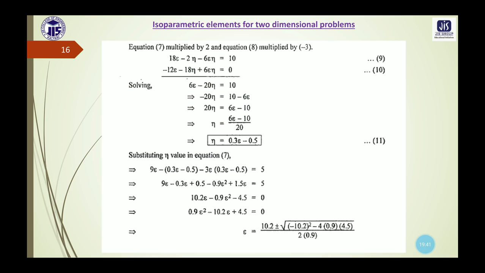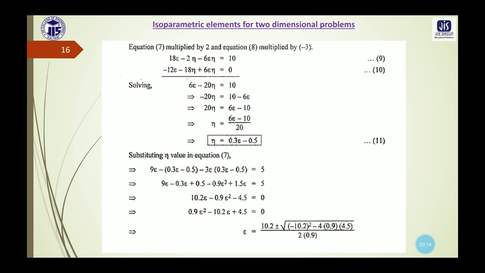So how to calculate that? Here we have multiplied equation number 7 by 2 and equation number 8 by minus 3, so that we get equations number 9 and 10. From these two equations we can easily calculate eta in terms of epsilon, which we get as equation number 11: eta equals 0.3 epsilon minus 0.5.